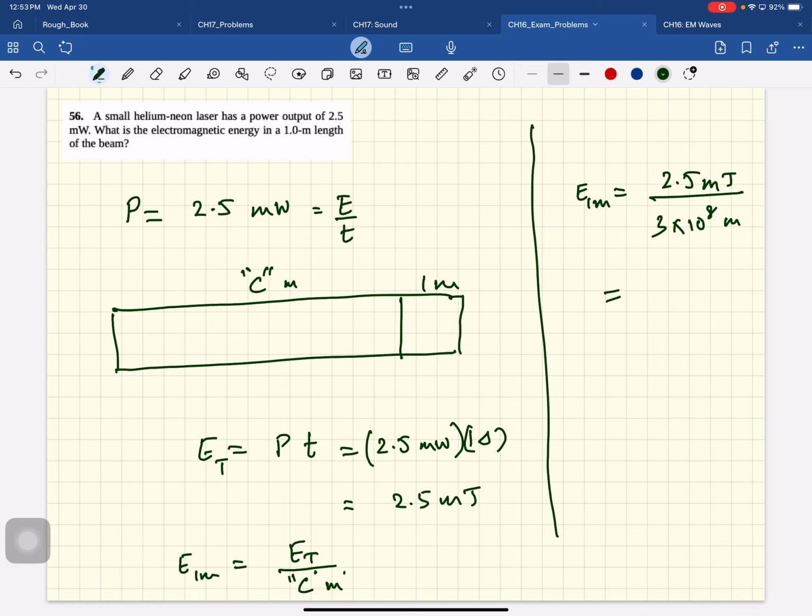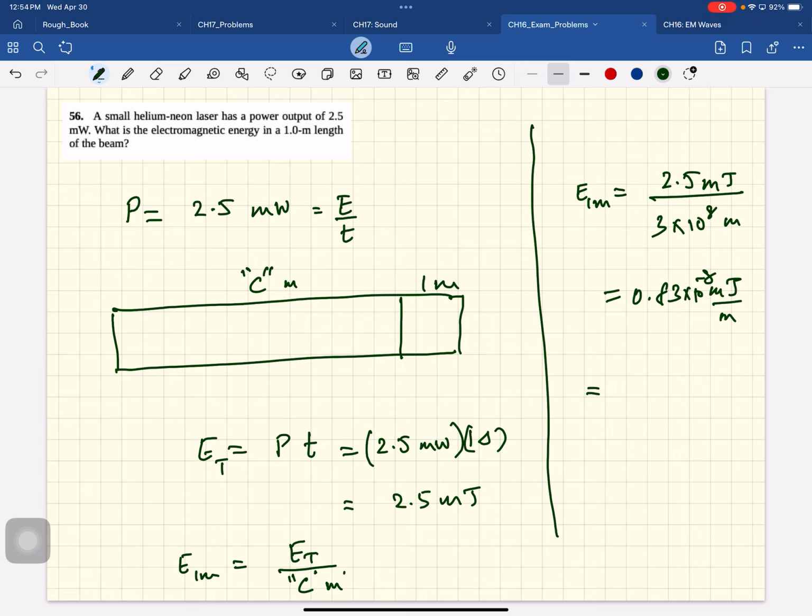That's 0.83 times 10 to the minus 8 millijoules per meter. So that's the amount of energy per meter of the beam.